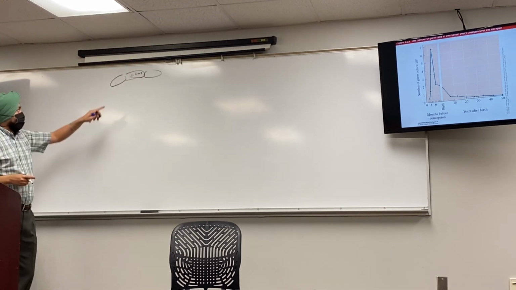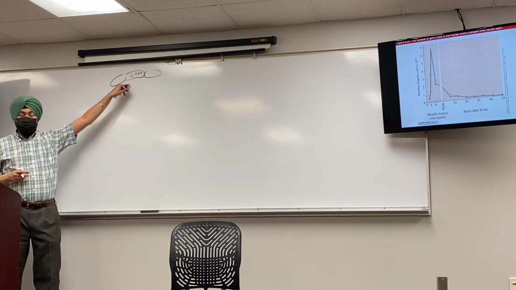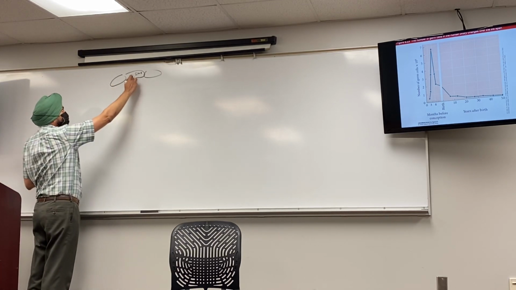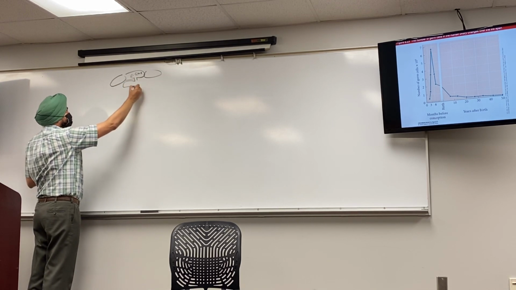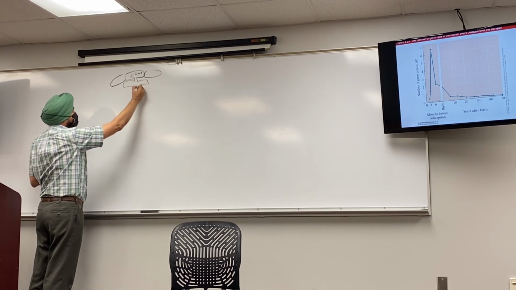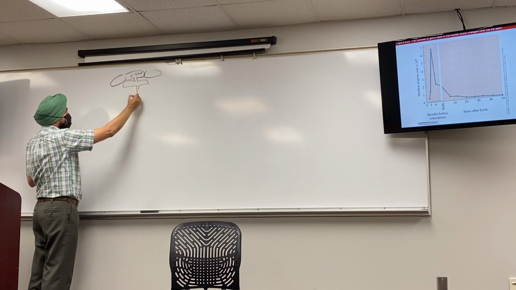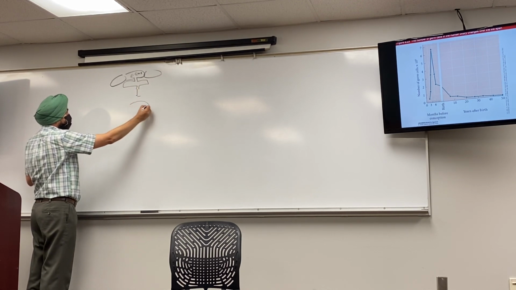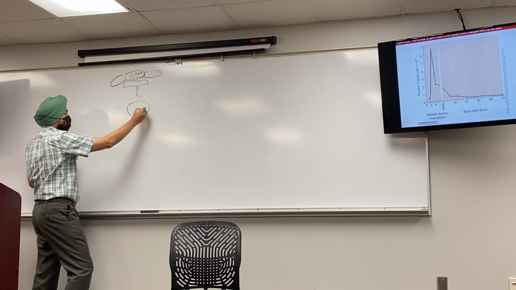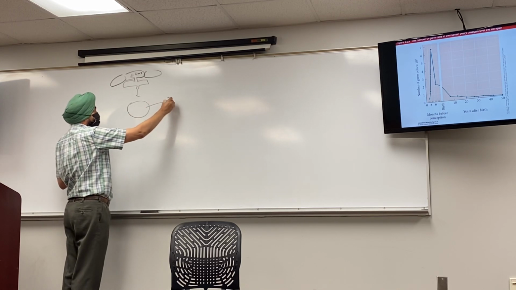So cyclic GMP is made here. Cyclic GMP passes through these gap junctions. There are gap junctions between one cell and the next cell like this, and then ultimately it reaches the oocyte.